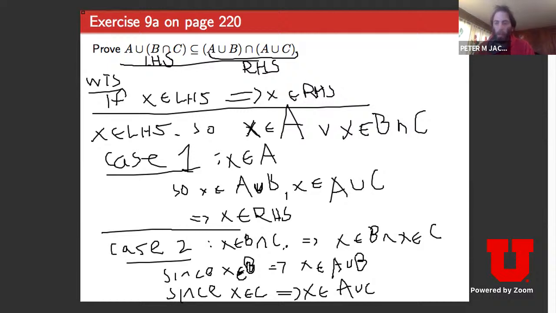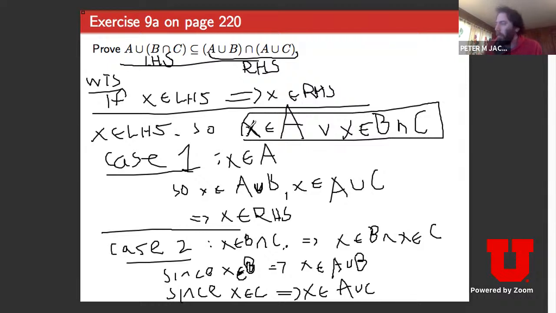So, Lewis, you have a question? What's up? Yeah. So how did you determine the cases? Because in some problems, it's not very clear, but in this one, it was kind of clear. What's like the general approach to determine the cases? So we have the statement that X is in A or X is in B intersection C. So that's a logical or.